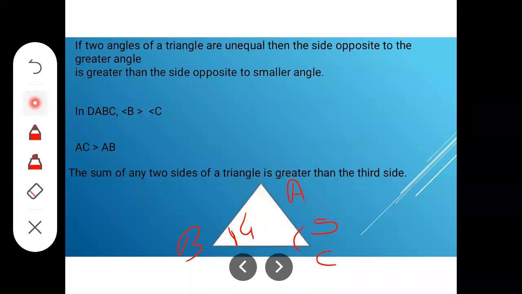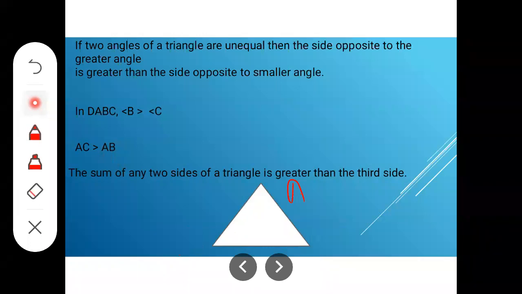So here, angle B is greater than angle C. Therefore, the side opposite to B is AC, which is greater than the side opposite to the smaller angle, AB. Okay? Understood?